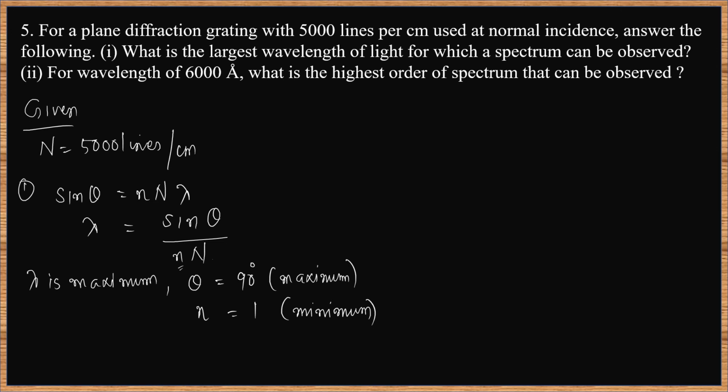That is already given, 5000 lines per centimeter. So lambda maximum is equal to sin 90 divided by 1, n is equal to 1, and 5000 lines per centimeter, that is 5000 into 10 raised to 2.